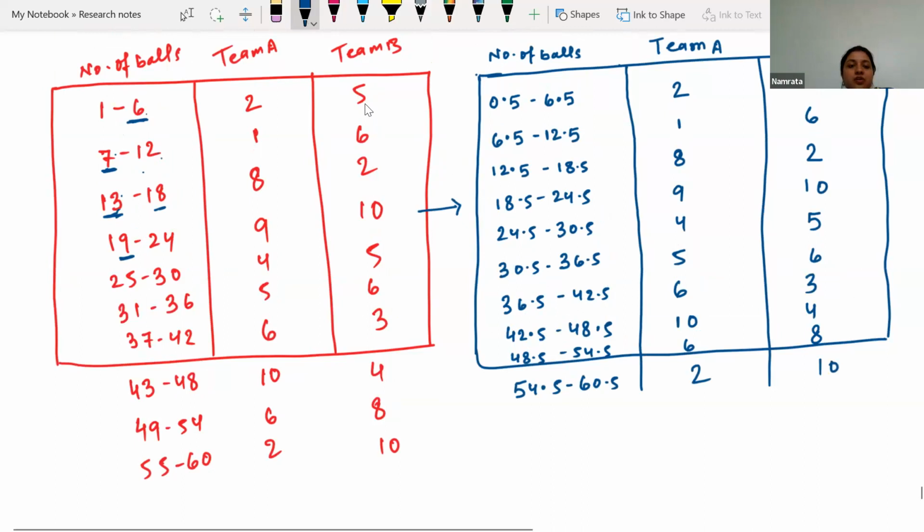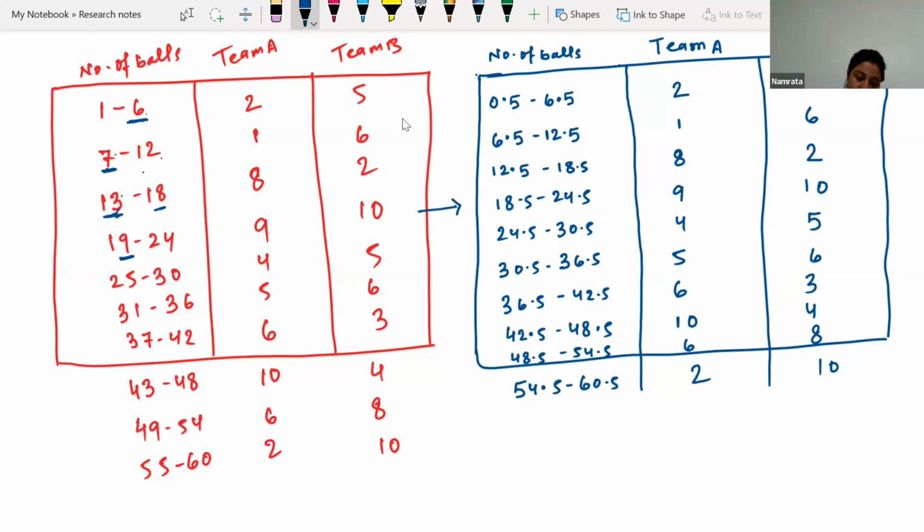Since we have to plot the frequency polygon, we can plot it directly, right? Or we can also take the help of the histogram. It's completely up to us. Let me check whether any restriction is given in the question. It says to represent the data of both teams on the same graph by frequency polygon.